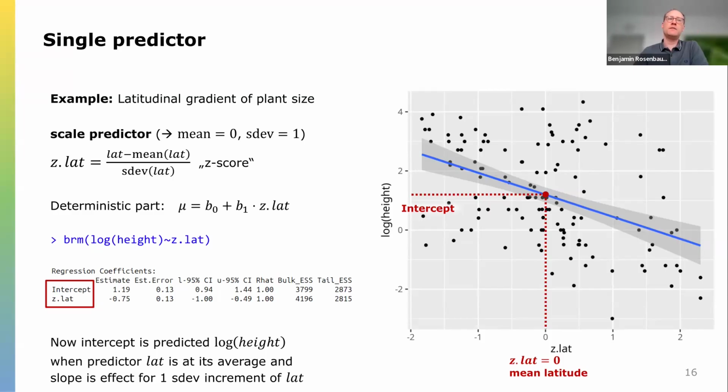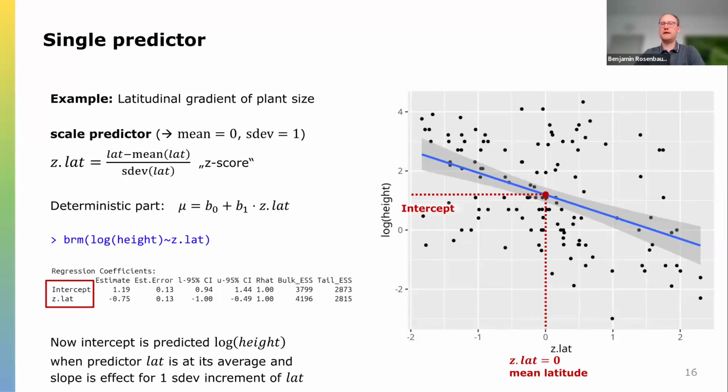And the slope now also has a different meaning. It means how much the response changes if I change the predictor by 1 standard deviation. This also makes it easier for me to assign priors. If from some other analysis I have standardized effect sizes, then they can be used to inform the slope here.